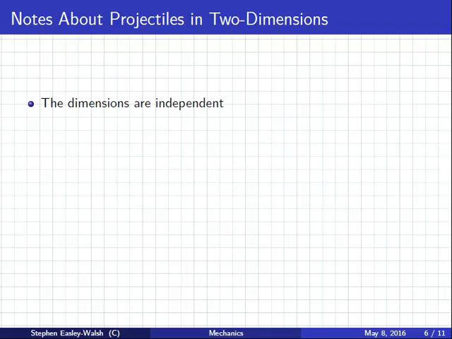That's the first point about motion in 2 dimensions. The second point is that gravity is only on the y-axis. So only the vertical feels the gravity, not the horizontal.